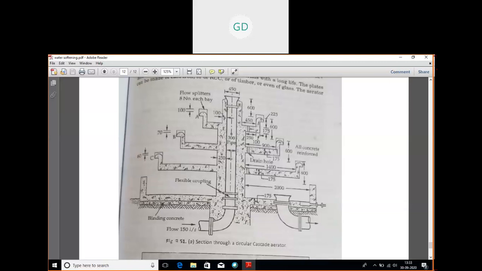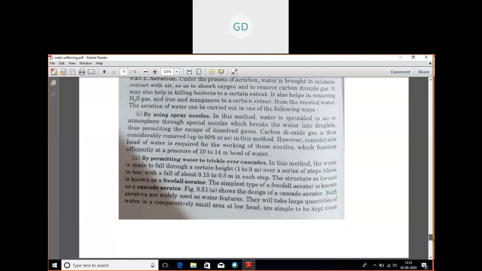You can see there are steps. Some steps are provided, and the water goes through this pipe and flows over the steps. That is known as a cascade aerator.